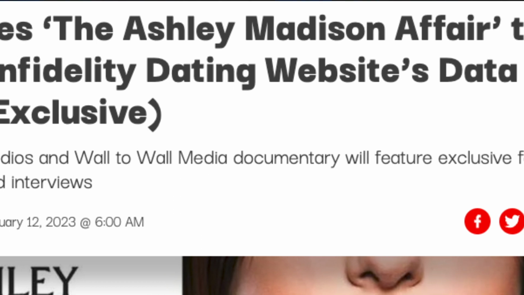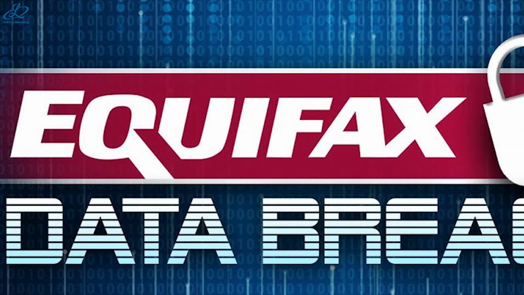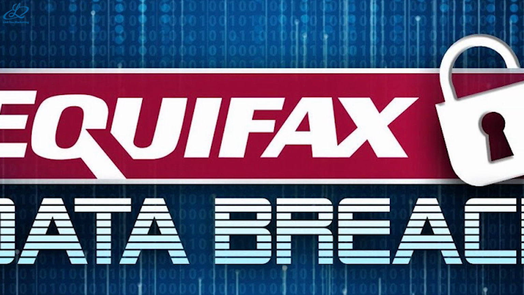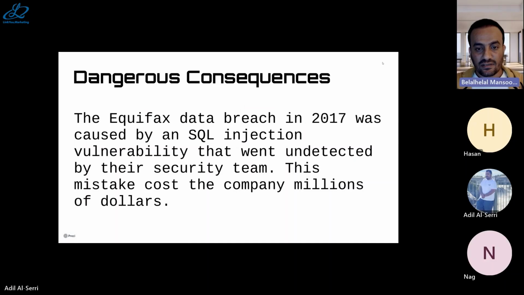Now I'm talking about the dangerous consequences. The Equifax data breach in 2017 was caused by an SQL injection vulnerability that went undetected by their security team. This mistake cost the company millions of dollars.